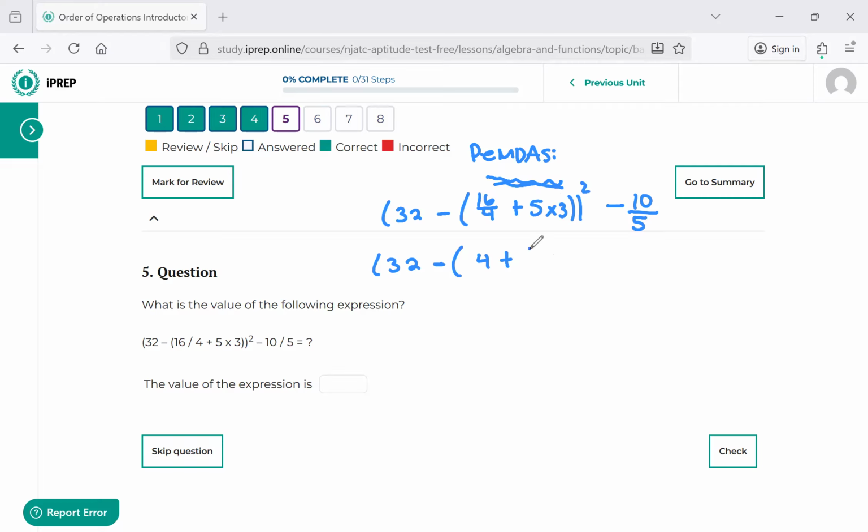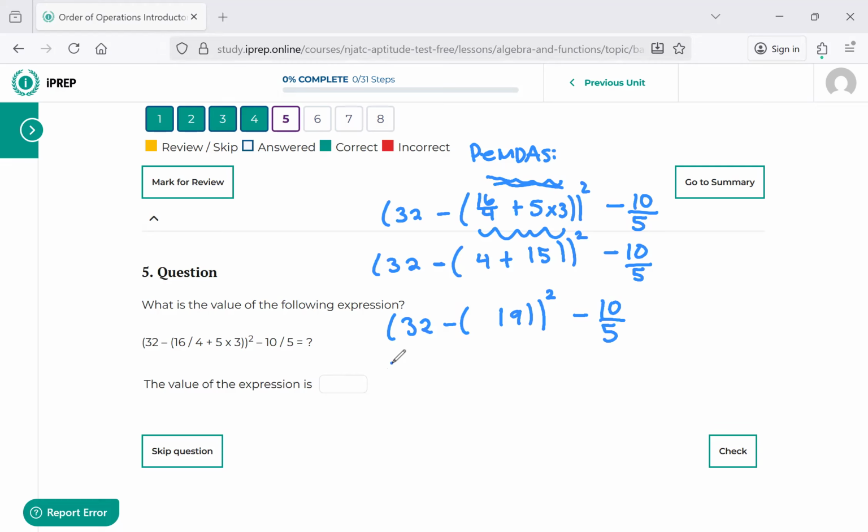So 5 times 3 is 15. Be careful, put this other parentheses and you'll see why. Minus 10 over 5. We're still not done with this parentheses. You've got to do one more order of operation. What's 4 plus 15? 19. Close it with a parentheses followed by another parentheses, minus 10 over 5.